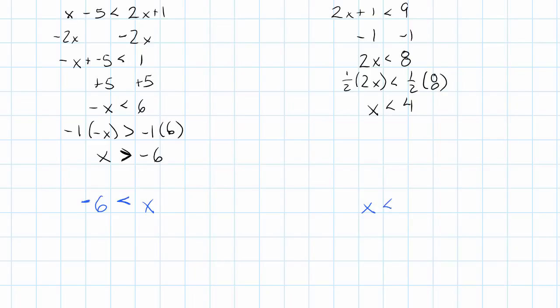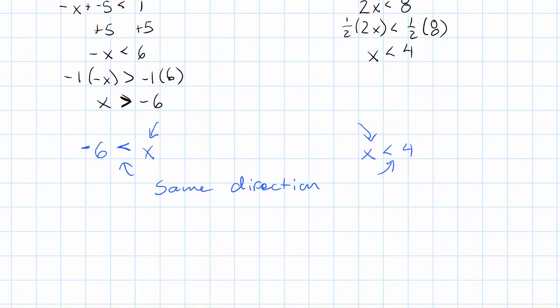My x is less than 4 stays the same, so that now these two inequality symbols point in the same direction. And when I do that, I have an x on the right, I have an x on the left. I put these together at the x, so I have negative 6 is less than x, and I have x is less than 4.